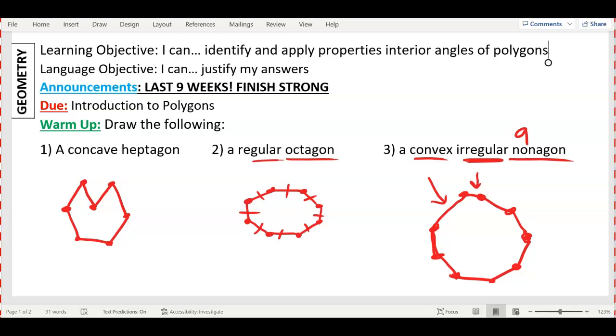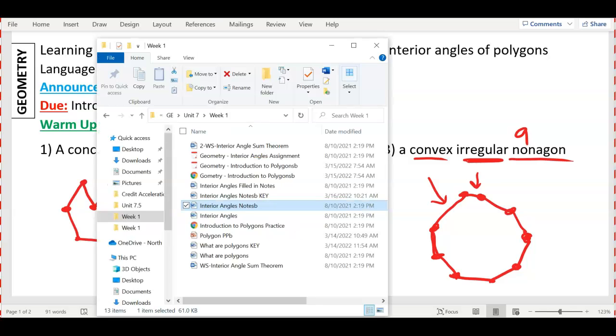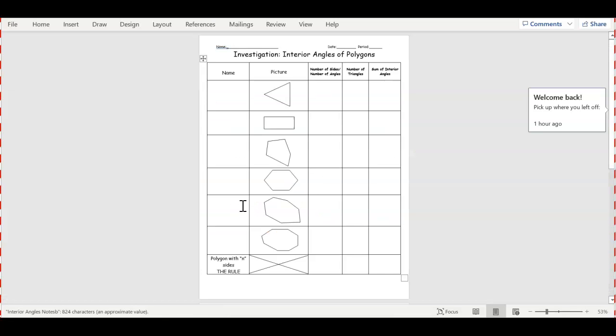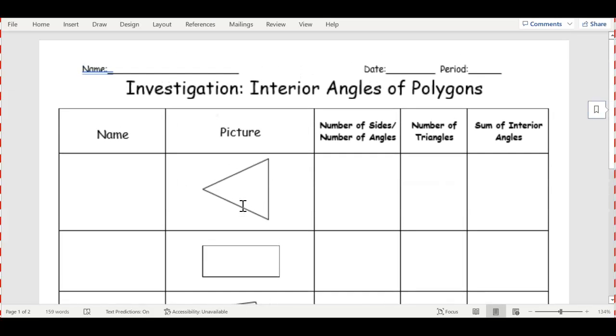Now, what we're going to talk about today is the interior angles of a polygon. All right, here we go.